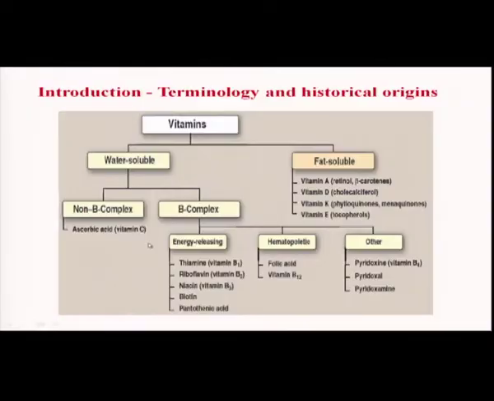Here what they did was they fed animals with polished rice, and they could replicate the symptoms of beriberi, and this led them to isolate one of the key vitamins, thiamine, the B1 vitamin, as the active ingredient responsible for curing beriberi. So this was a breakthrough.